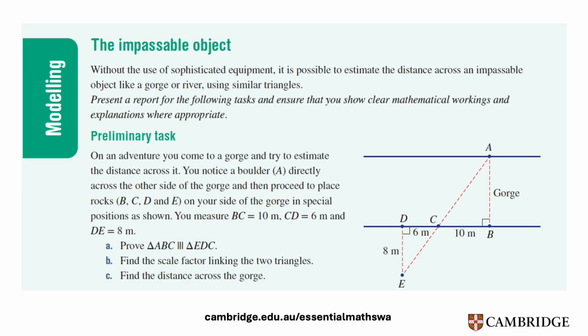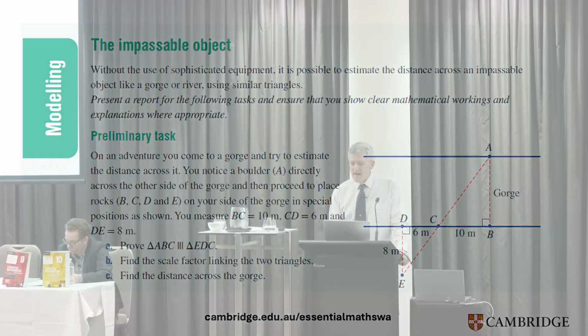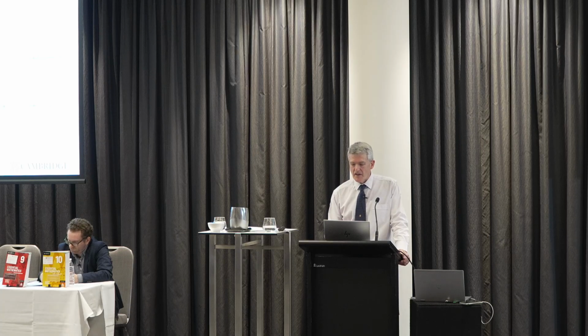With this preliminary task, students are asked to place pebbles or find trees and measure the distances between them in such a way that they're lined up as two triangles. And I'm pretty sure everyone knows which area of mathematics this relates to. But working through that, they'll be able to build their understanding of similar triangles and think about the mathematics that they might use in a modelling context.